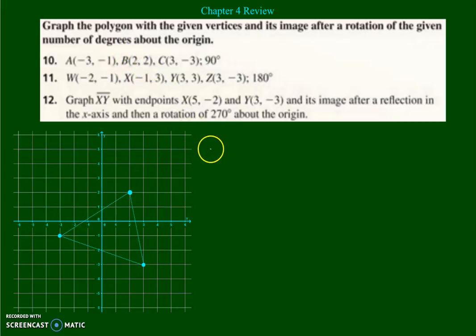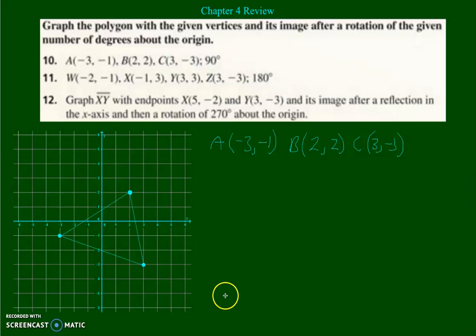So point A is at -3, -1. B is at 2, 2. And C is at 3, -3.